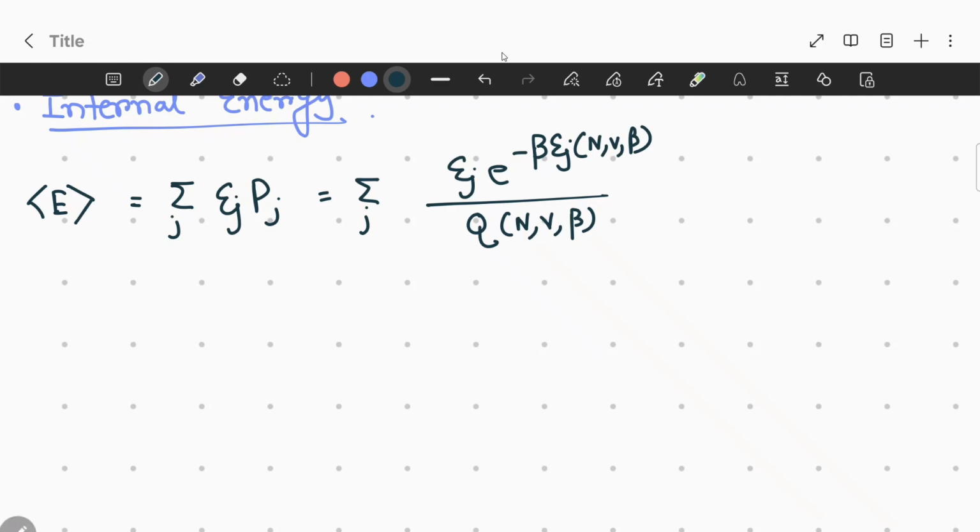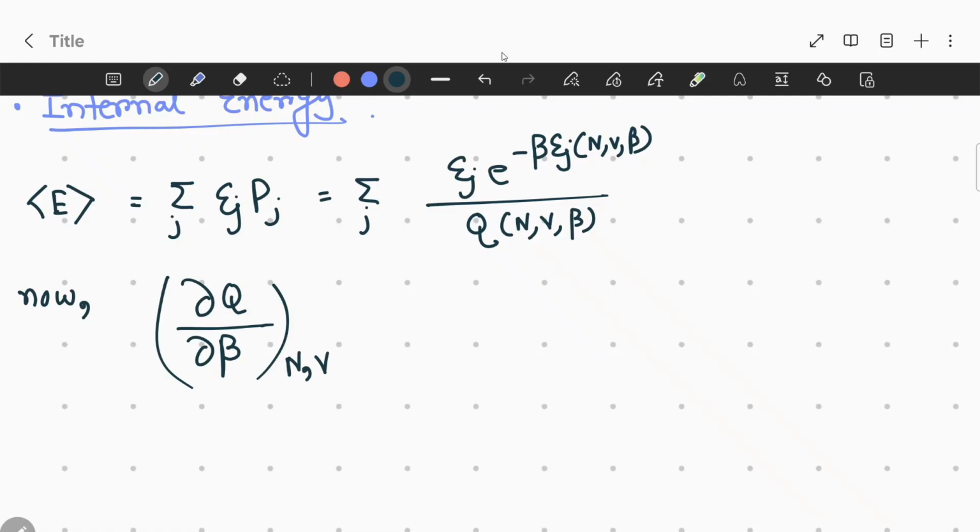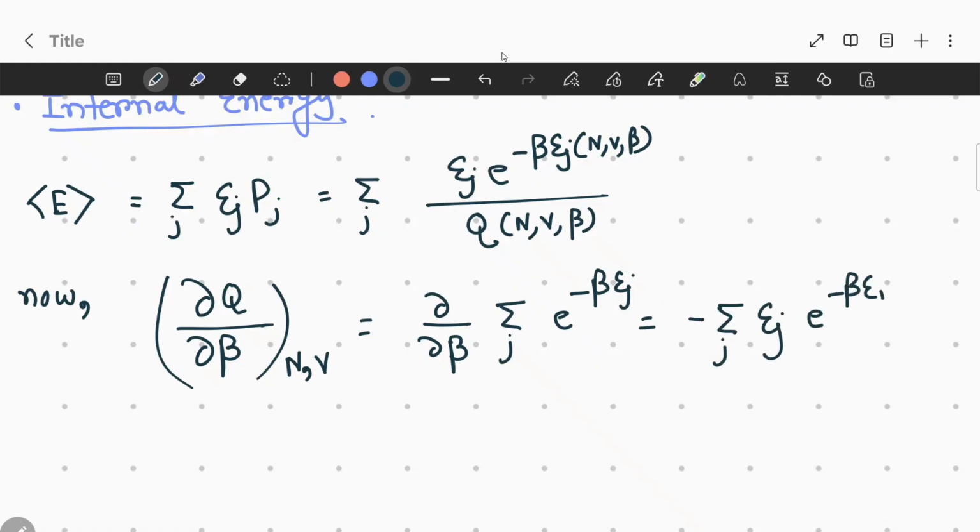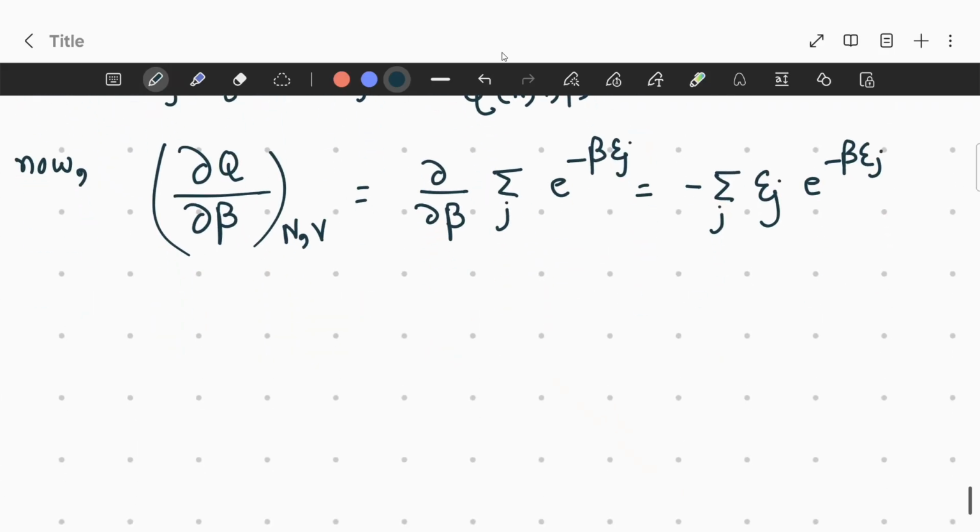So now, what is del Q del beta at constant N, V? Can you write it? Okay, so what is now the E average?